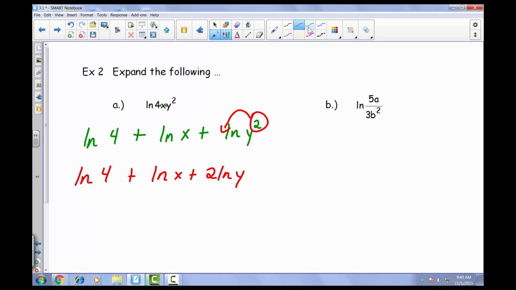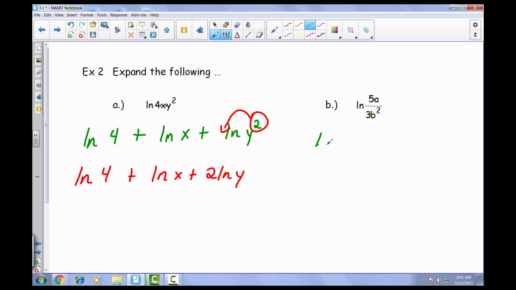Now with b, right away we notice that we are multiplying 5 times a, and then there's kind of this quotient happening. Plus on the bottom we see that we have 3 times b squared. So kind of a lot of operations going on here, but if we want to expand that, let's just focus on the division symbol.